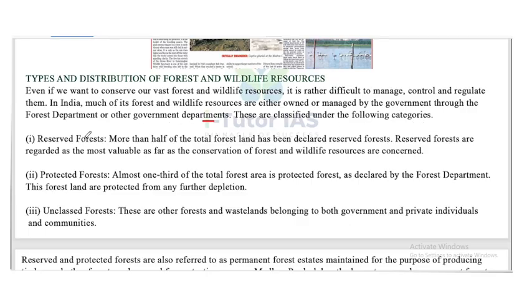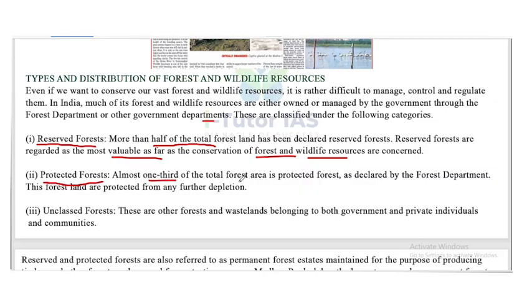So, the forest can be categorized as, first one, reserved forest. More than half of the total forest land has been declared reserved forest. Reserved forests are regarded as the most valuable as far as the conservation of forest and wildlife resources is concerned. The second one is protected forest.